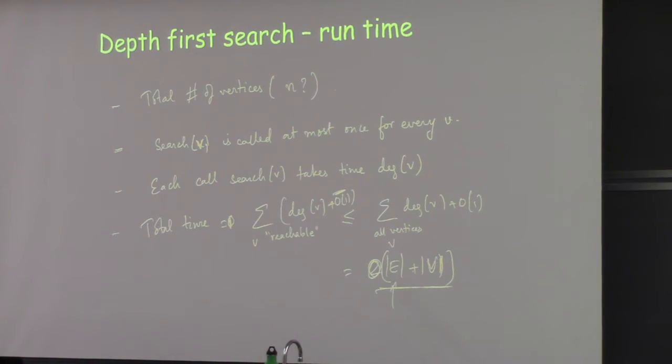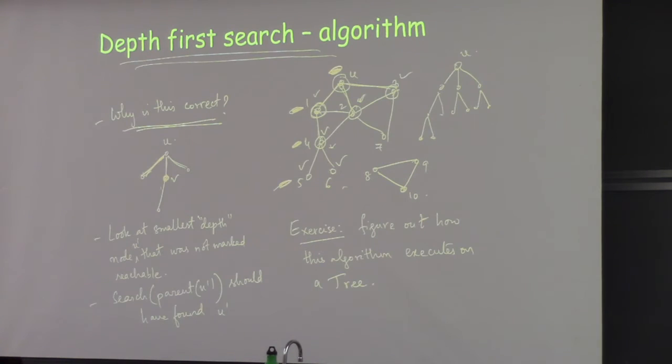It's linear time because this is the amount of space it takes to write down all the edges and the vertices. So that's why it's linear time. This is good for finding who all are reachable from a particular vertex U. Okay. So that's good.